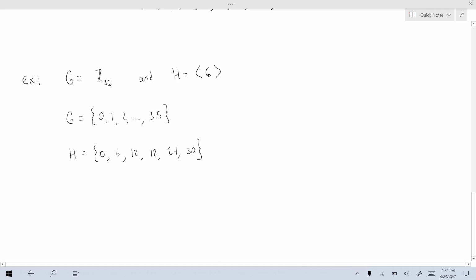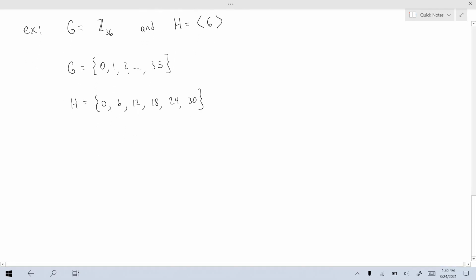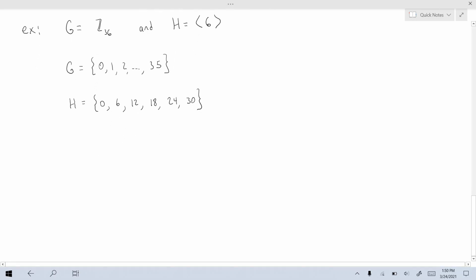So that would be all the elements of H, okay? And again, I want to start finding all of the cosets of H in G. So again, every subgroup is always one of its own cosets, because you can just multiply, or in this case, add the identity element to your subgroup.